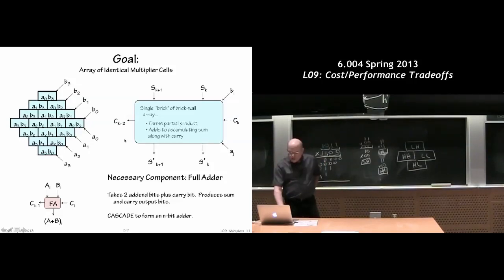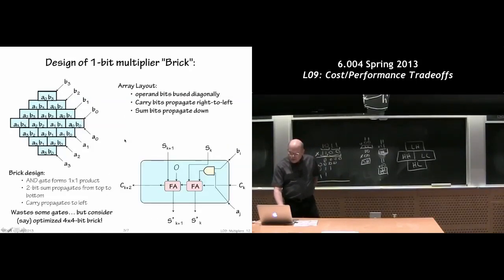So here's a design. Notice that we have the 2 operands coming in diagonally, and then the carry in from the bits of lesser significance, the carry out to the bits of more significance, and then the 2 bits from above and the 2 bits below.